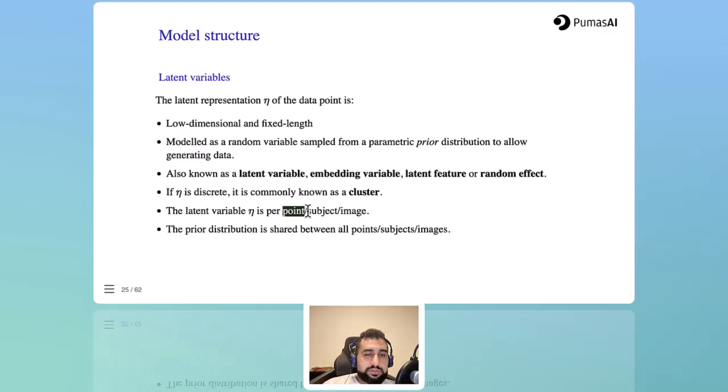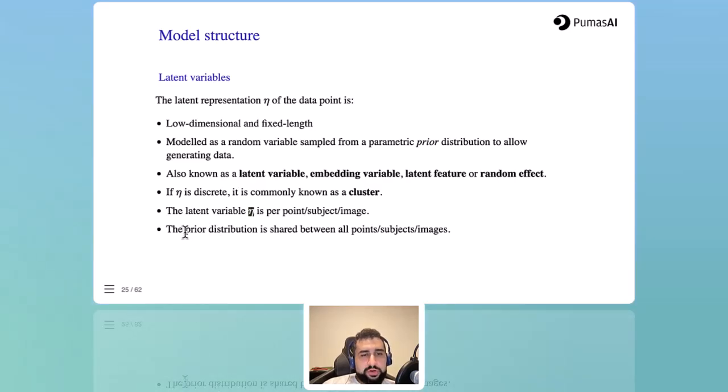In the case of longitudinal data, we usually have one eta per subject, essentially. And in the case of images, we usually have one eta per image. When I say one eta, I just mean one instance of eta, but this could be, for example, a 100-dimensional vector. So there's a 100-dimensional vector associated with each image or each subject, or with each point if the point is sufficiently high-dimensional.